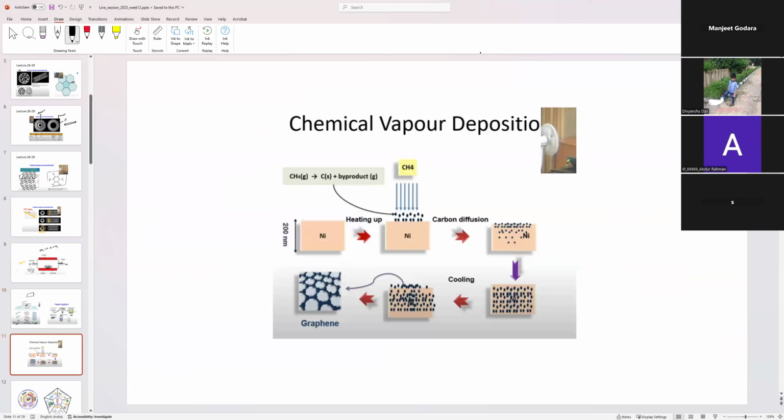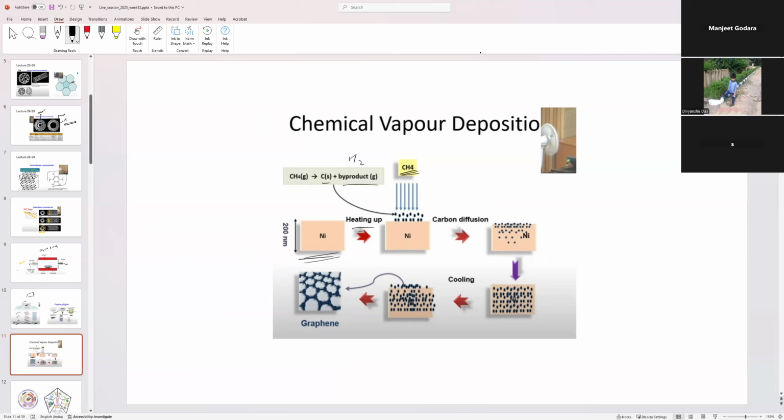Next, we have the chemical vapor deposition technique of making graphene. So you have your nickel substrate, which is acting as a catalyst. You introduce your methane gas and you heat it up. By heating, this methane is broken down into carbon and hydrogen.